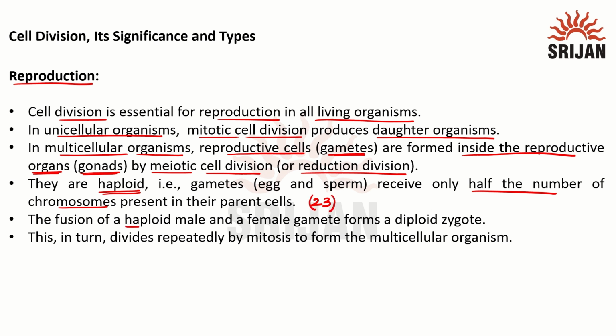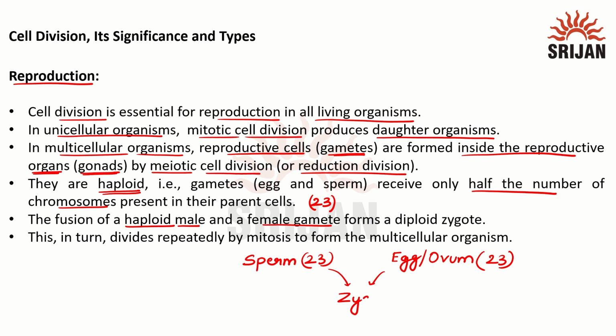The fusion of these haploid male and female gametes, that is the sperm containing 23 chromosomes, will fuse with the egg or ovum which also contains 23 chromosomes. When they fuse and fertilize, the resulting cell is a zygote which has the normal, that is diploid, number.